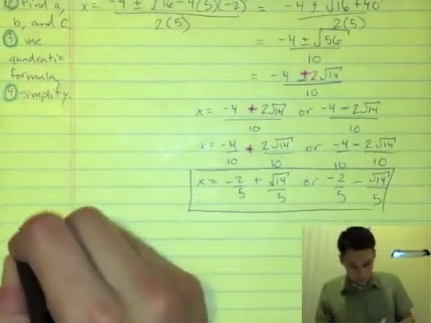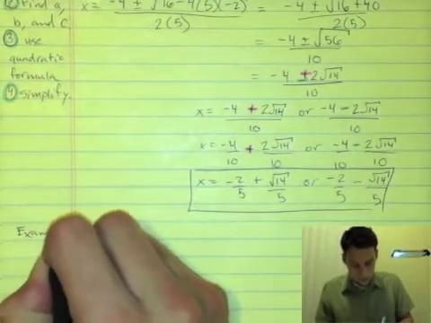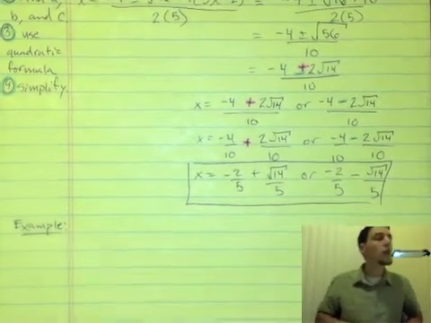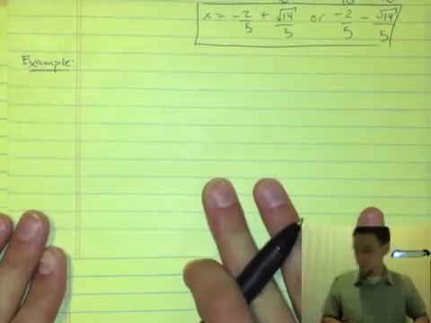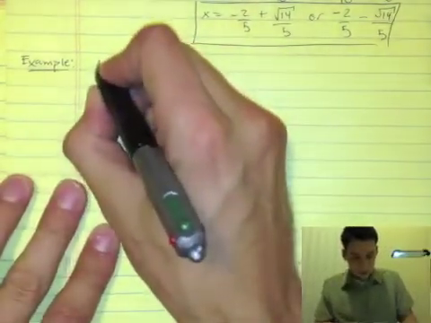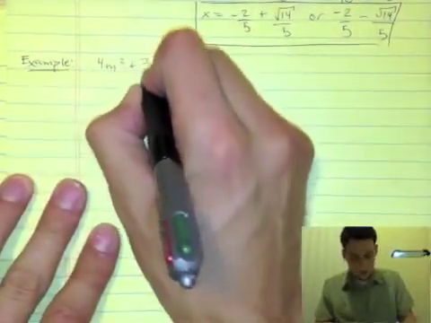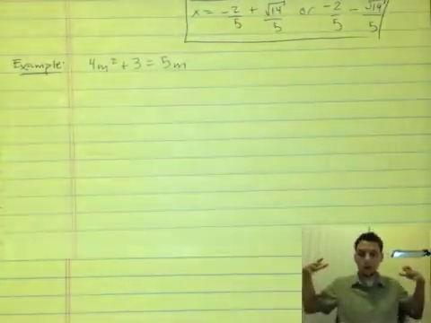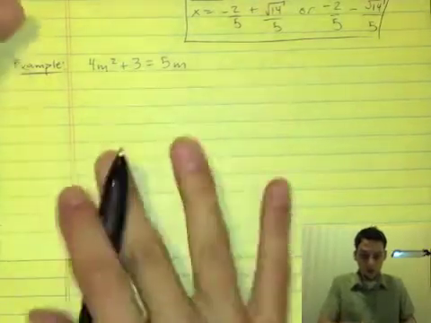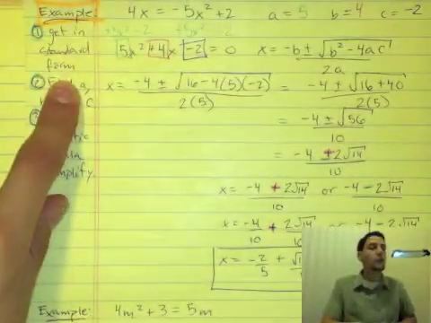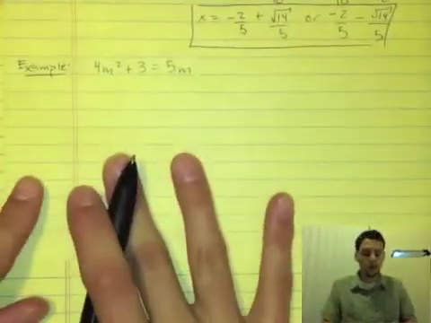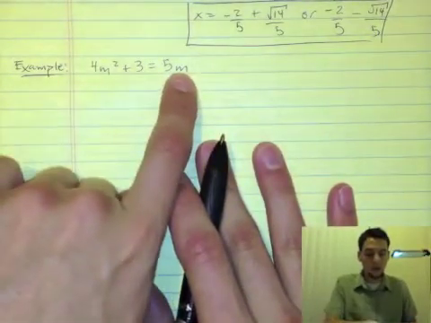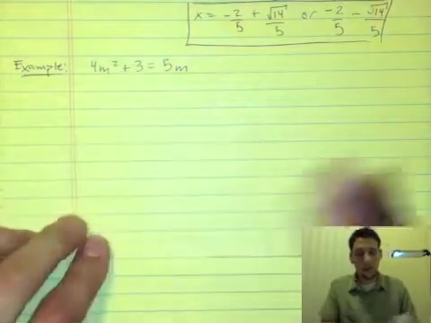Is that blue? No. We have 4m squared plus 3 equals 5m. All we got to do is follow our steps. So, step 1 was get it into standard form. We need the squared term first, the regular term next, and then the constant last, all equal to 0.